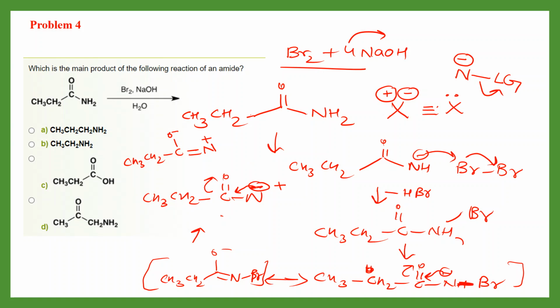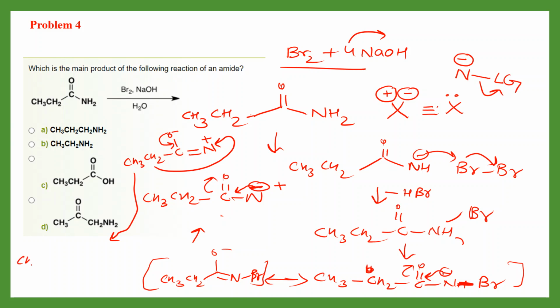Because of the dual nature of charges, I am explaining this just for your simplicity, that nitrene behaves like one positive charge and one negative charge. Now see, when this O negative charge comes back, this group actually migrates here. So what will you get here?